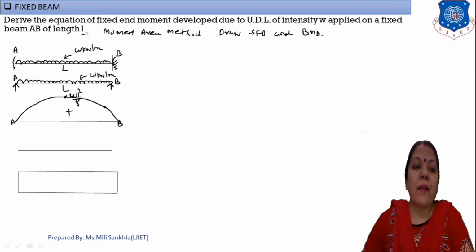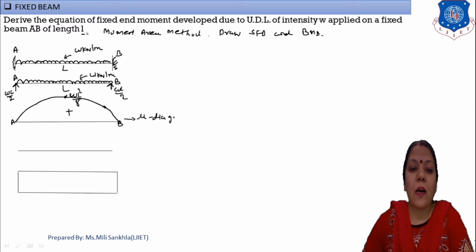Total load is W into L, so the support reactions are WL by 2 each. This diagram is known as the mu diagram.